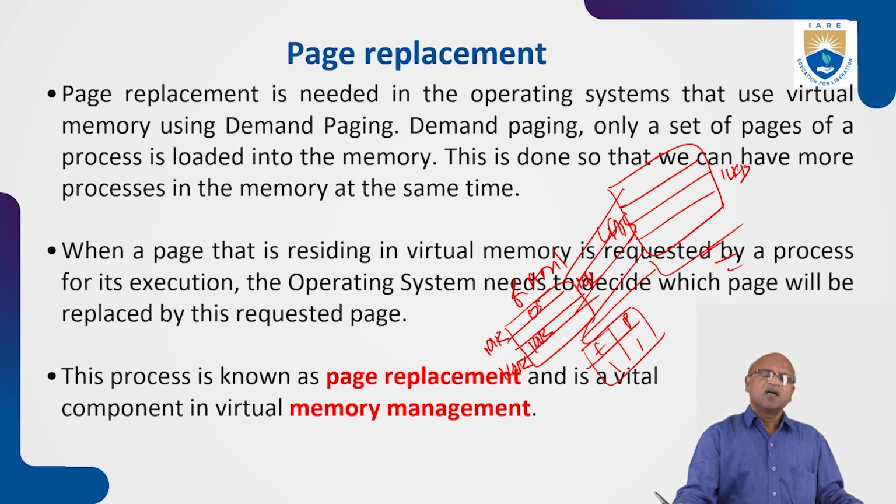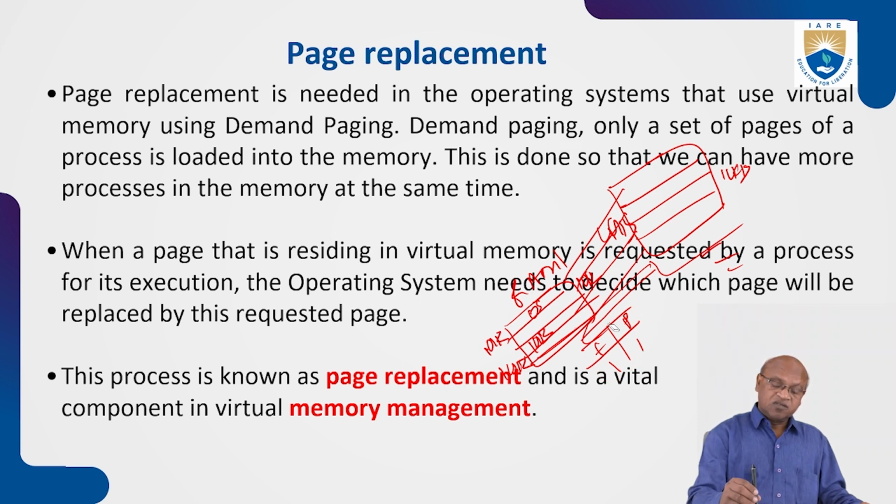Whenever a page fault occurs, the page replacement algorithm automatically comes into action by the OS. It will replace one of the frames in the RAM, or swap out one of the pages, and provide the place for the newly demanded page to be brought in from the hard disk.